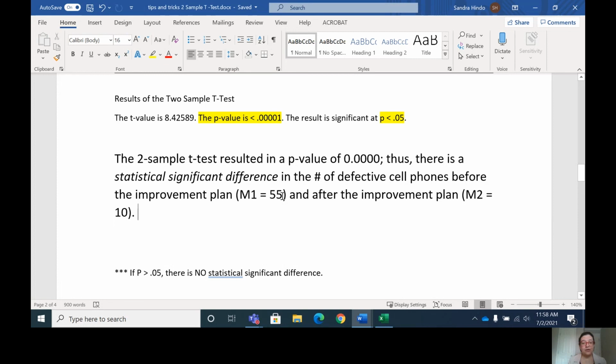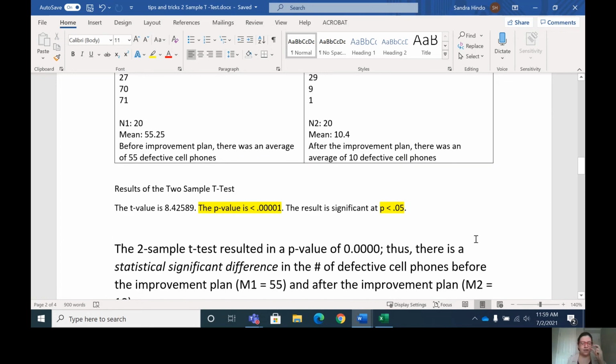I wrote down M1 equals 55, so I captured the first number. I captured the second number, M2, which is your average of column 2, equals 10. Where did I get these again?